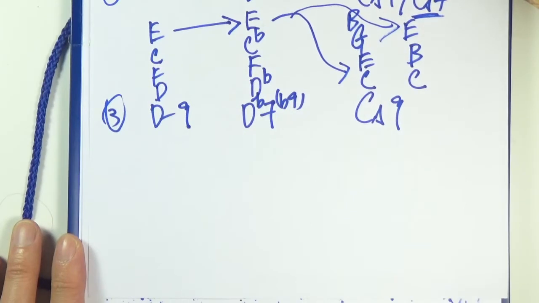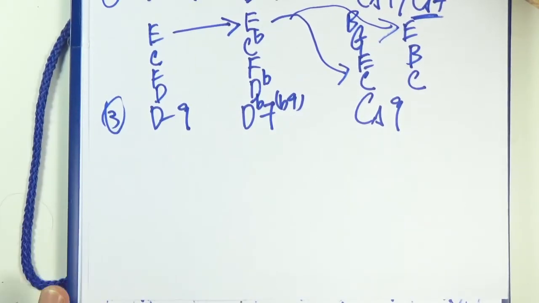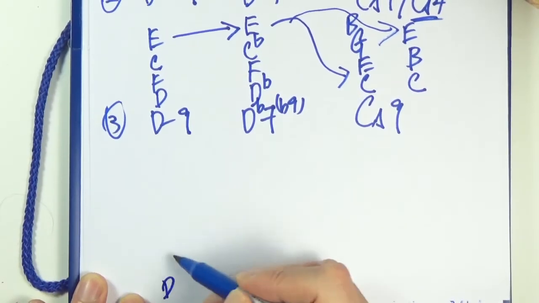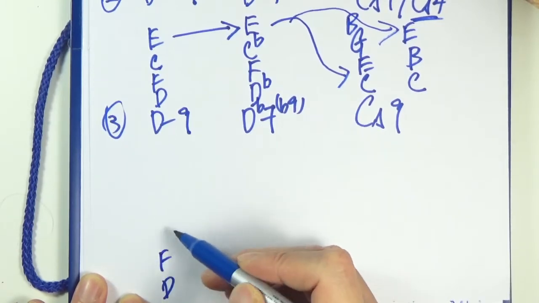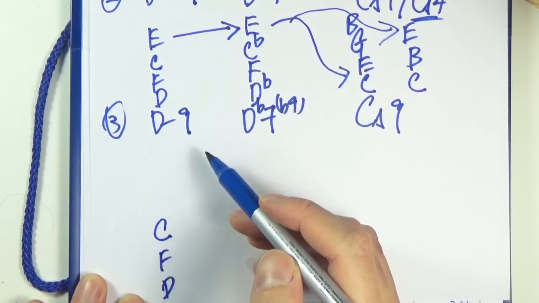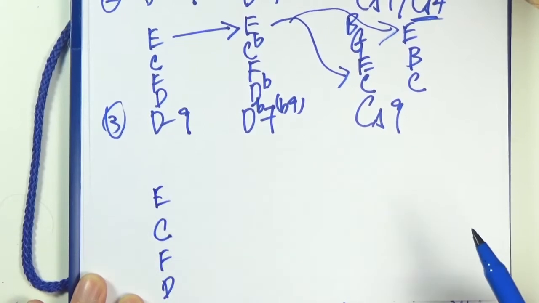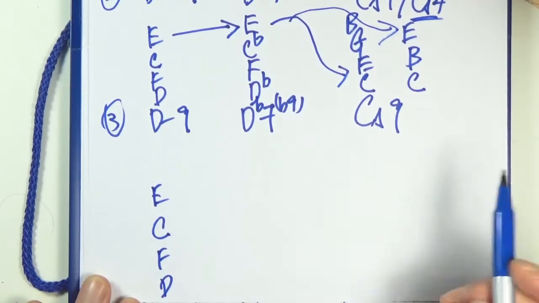So one more case with the flat 9 tension here. Again, D, F, C, and then D minor 7, D minor 9. So E going into D flat 7.